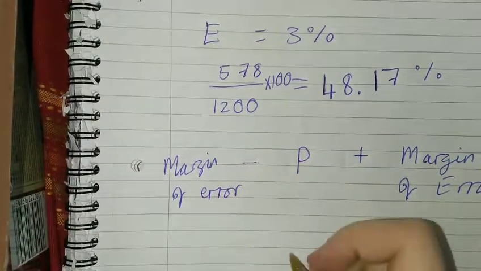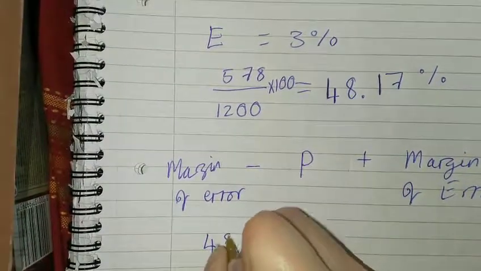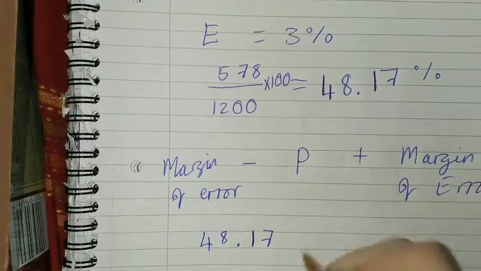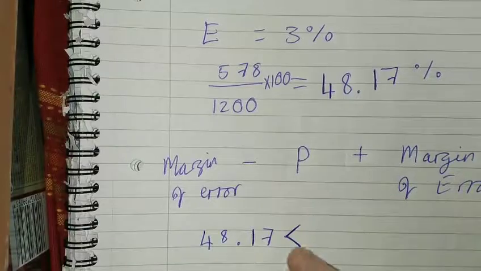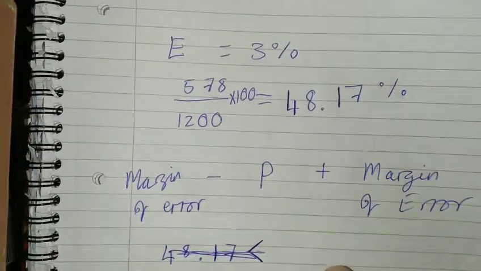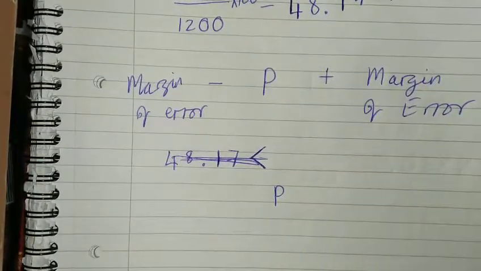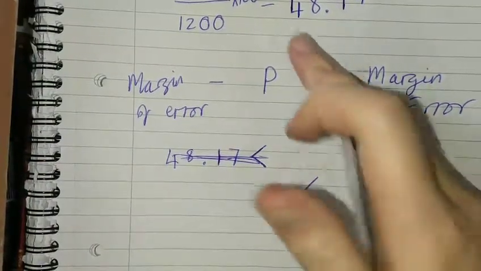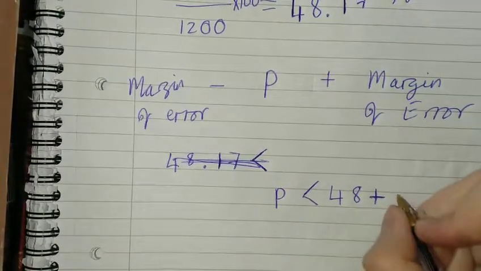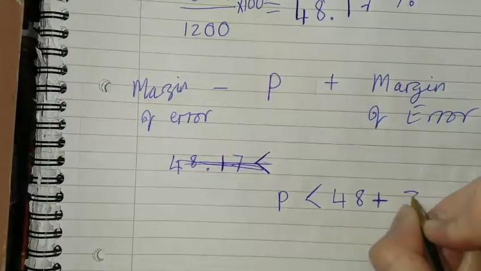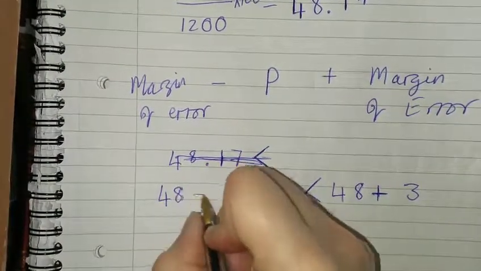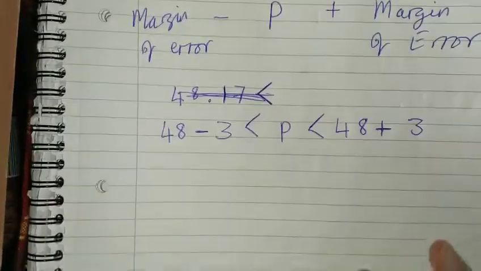So the real true proportion P of people who think it'll be negative will be less than the proportion plus the margin of error, plus 3, and greater than the proportion minus the margin of error.